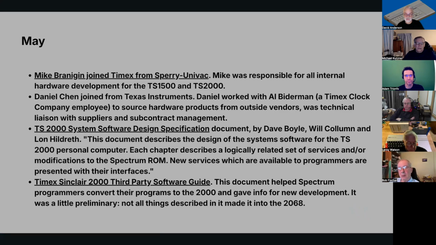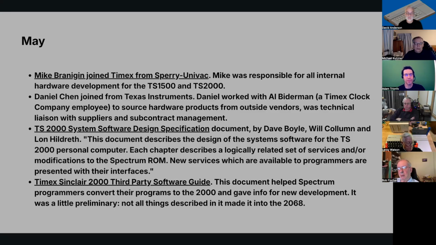So in May, Mike Brannigan came from Sperry to join Timex, and he was in charge of the hardware development, going from the breadboard version of the 2068 to the PCB version, right?